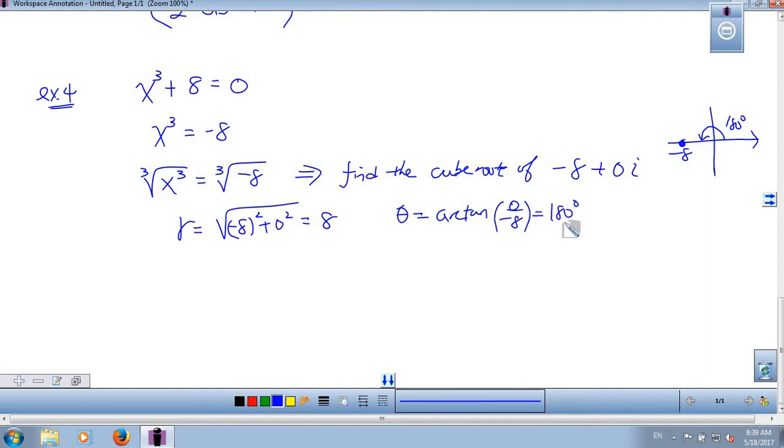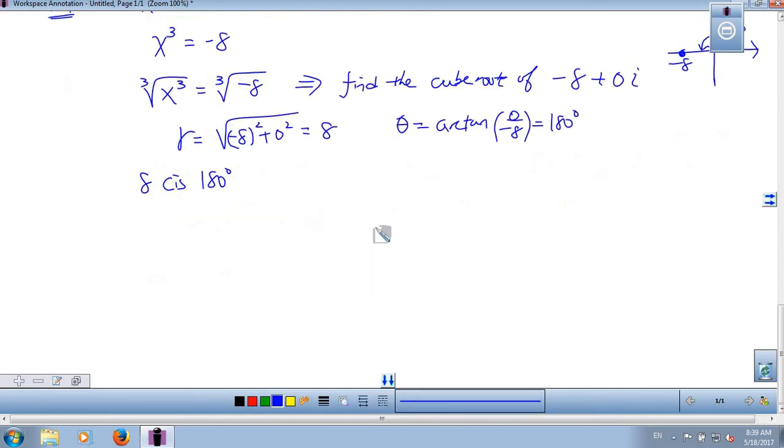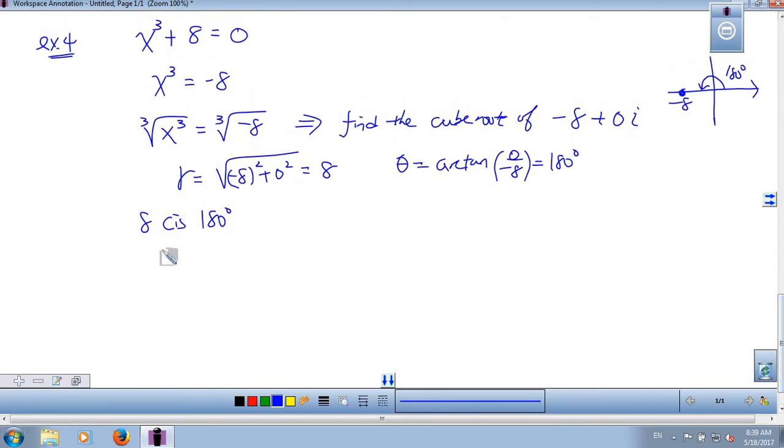So this time, the calculator won't be able to help you with this. You have to go ahead and look at the diagram and understand the concept of arctangent to get the correct angle. So -8 in rectangular form is the same as 8 cis 180 in polar form. So that's the first thing we need to understand.